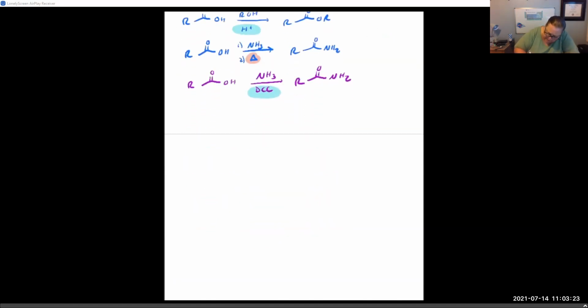So we're going to take a dicarboxylic acid, and we can form a 5 or 6-membered cyclic anhydride.